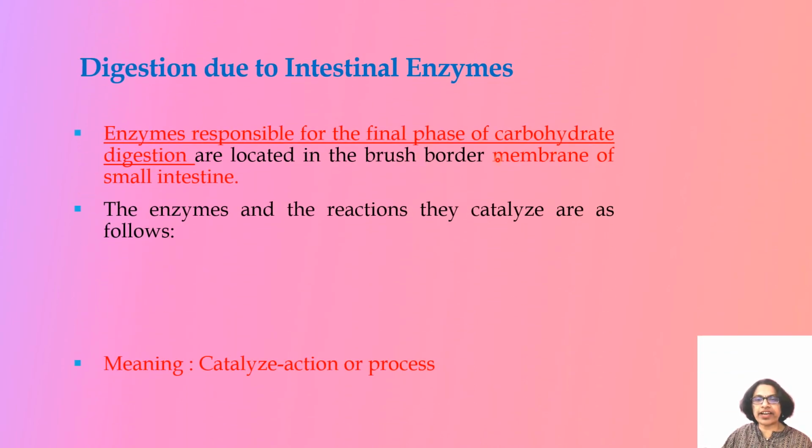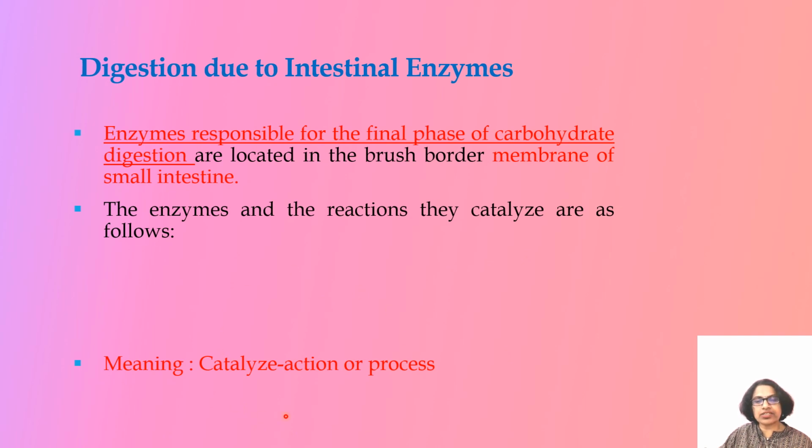Enzymes responsible for the final phase of carbohydrate digestion are located in the brush border membrane of the small intestine. The enzymes and the reactions they catalyze are as follows.